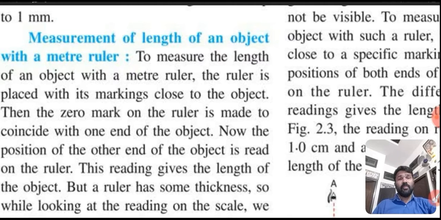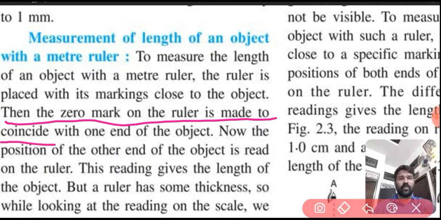Then the 0 mark on the ruler is made to coincide with one end of the object. The 0 mark is the main thing.